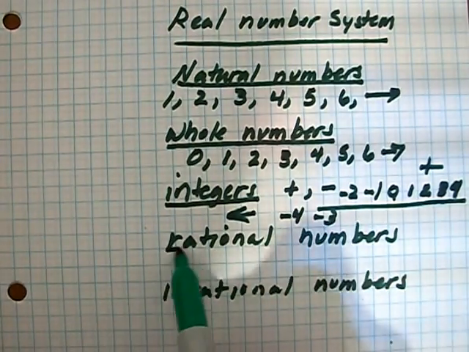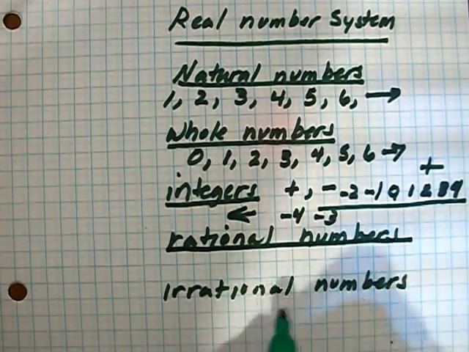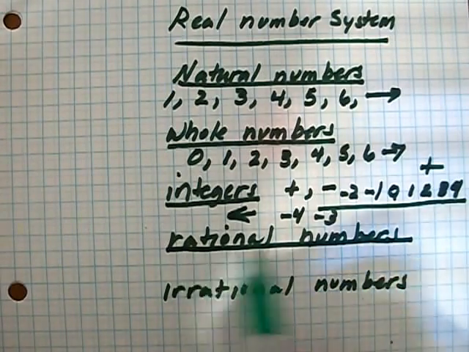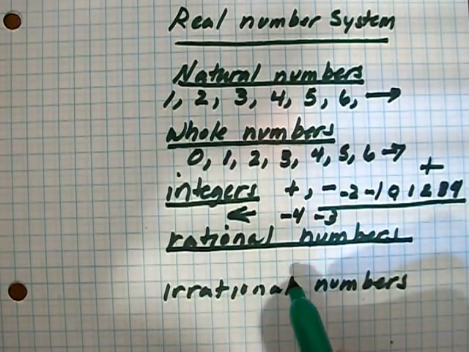Alright? Rational numbers. Rational numbers can be written as a fraction.